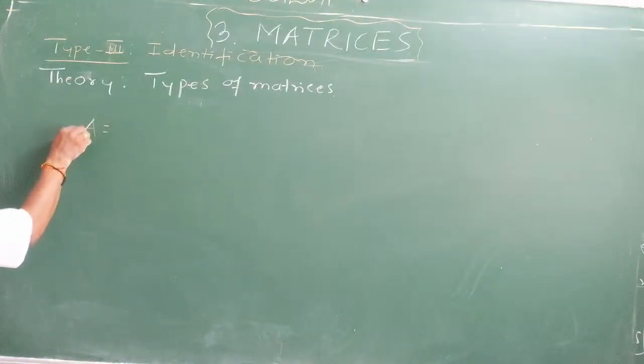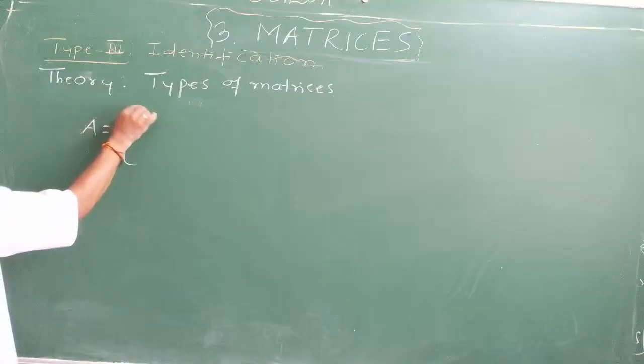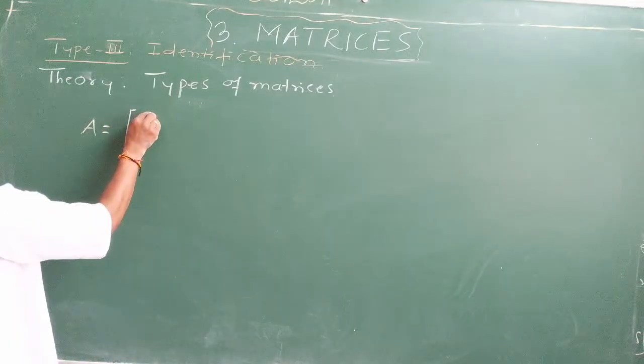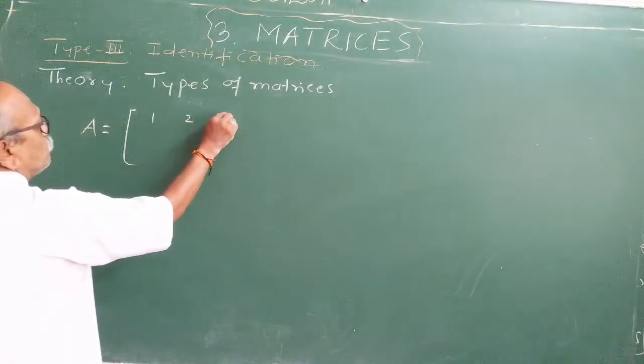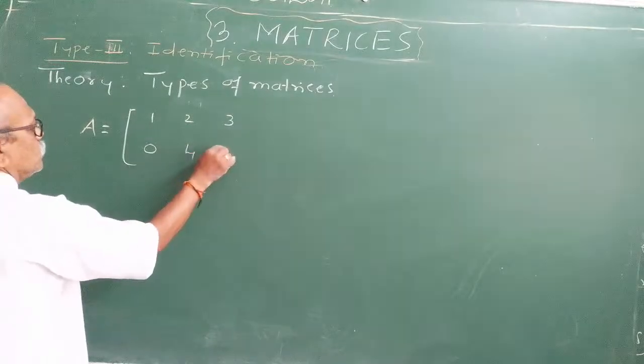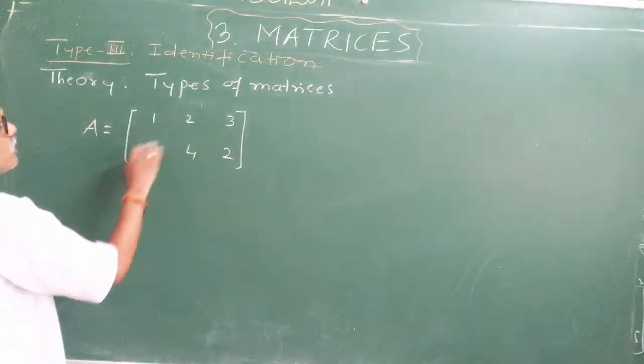Suppose that the matrix A is like this. Observe. 1, 2, 3, 0, 4, 2. Observe. What is the order of this matrix?